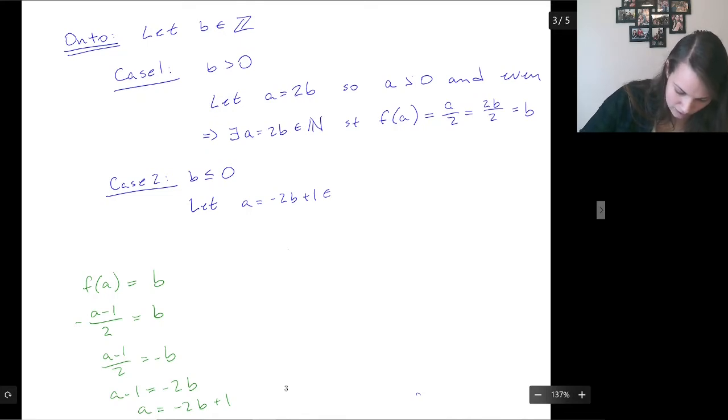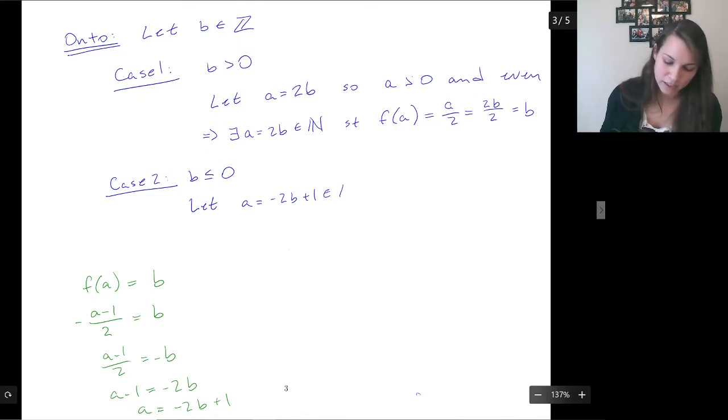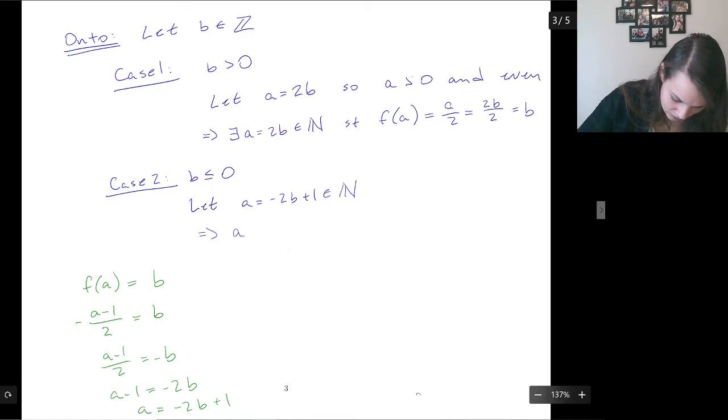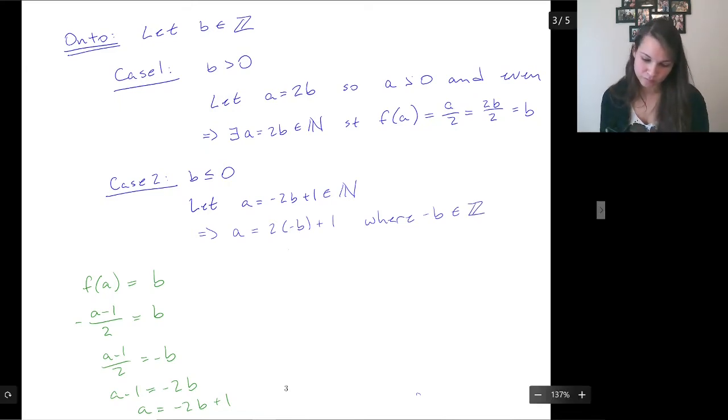So let A be this particular natural number. Indeed, we can rewrite it. Then A is going to be equal to 2 times negative B, plus 1, where negative B is going to be an integer, right?